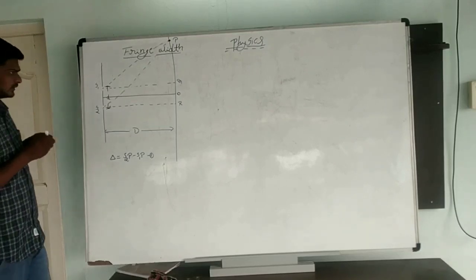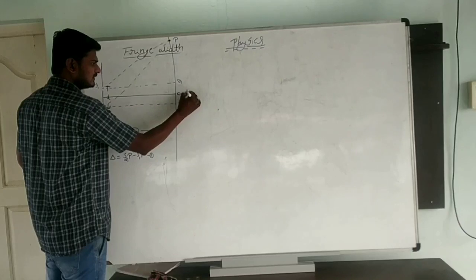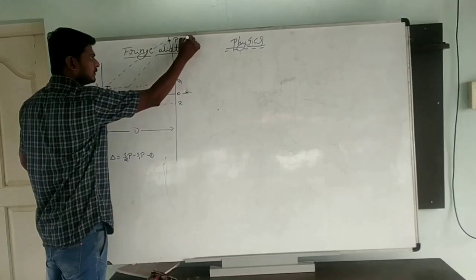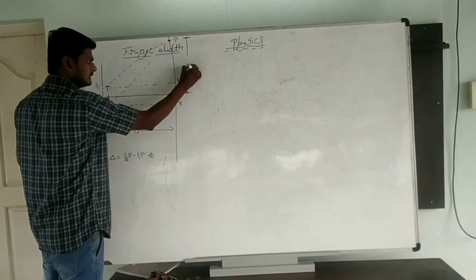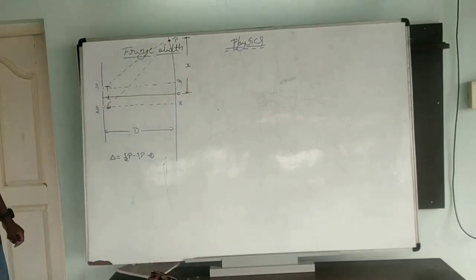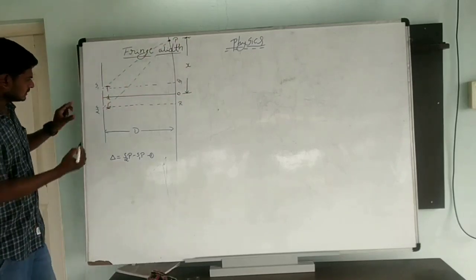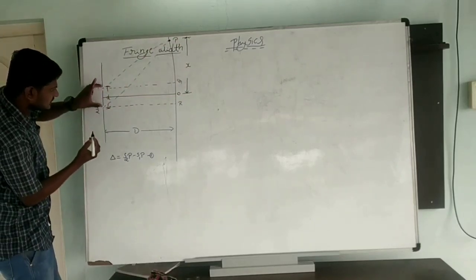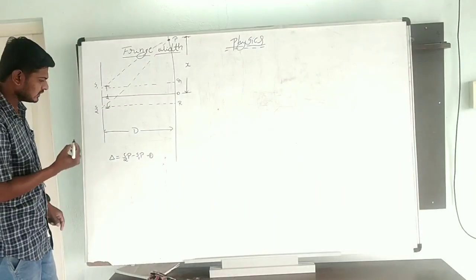Now, the distance from the center of the screen to point P, I am going to take as X. The distance QR is also d.